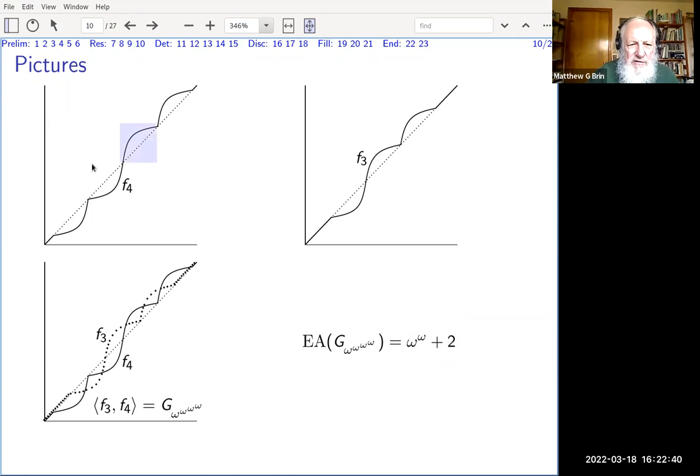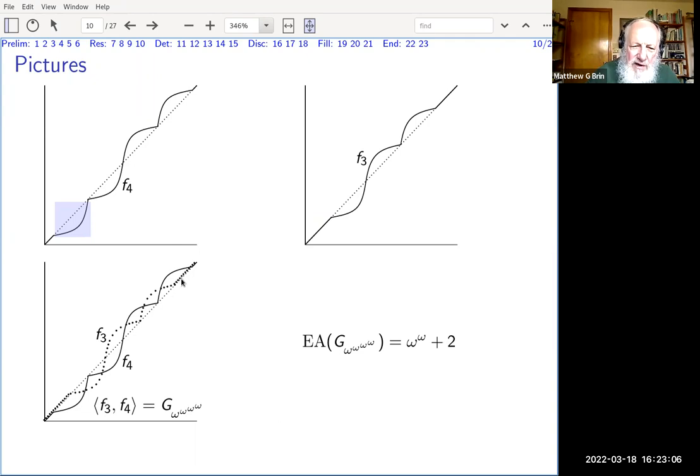Here's another positive bump. Here is a negative bump because points are moving to the left. Here is another negative bump. And so F4 has 2 positive bumps and 2 negative bumps. F3 has 2 positive bumps and 1 negative bump. And when they come together, the F4 looks more important. That will be made formal in a minute.